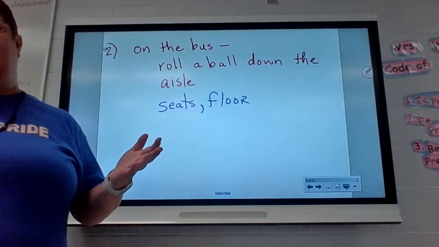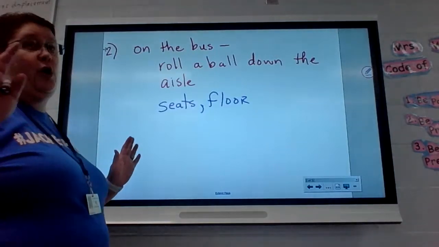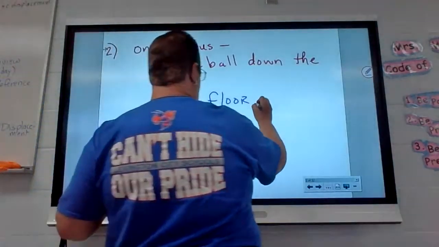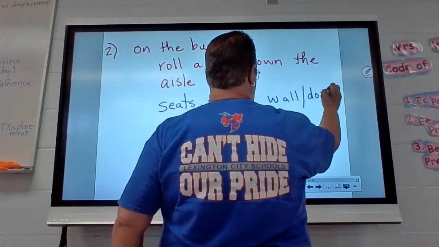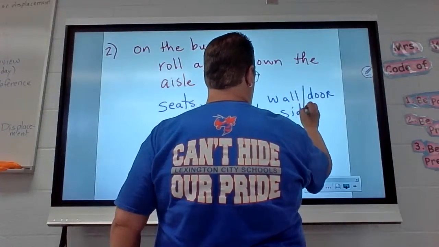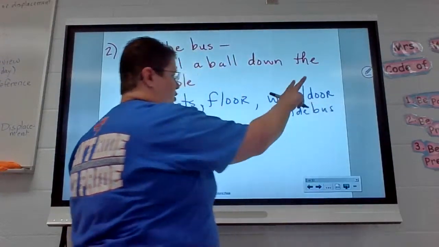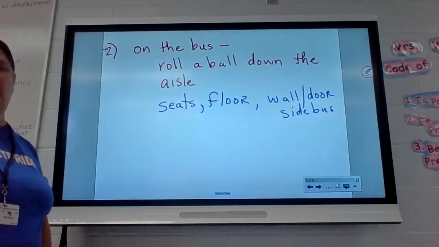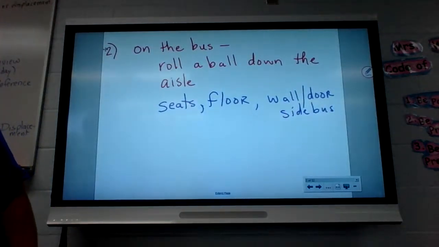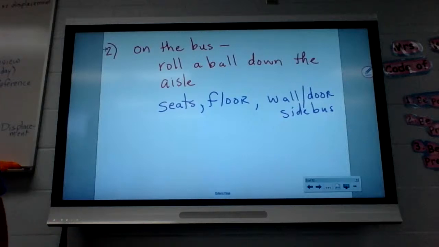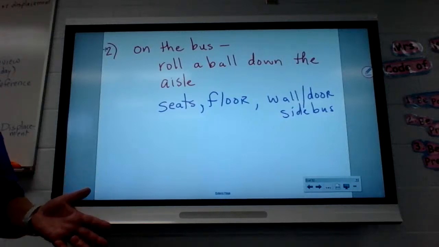Hopefully the door is closed, so I'll accept the walls and the door of the bus. The windows are attached to the wall and door sides of the bus. Those are going to be your primary things that fit the frame of reference for the bus. It's essentially the things that are attached to the bus.